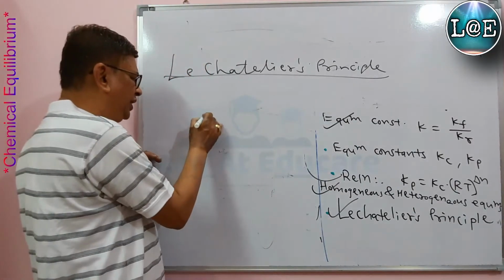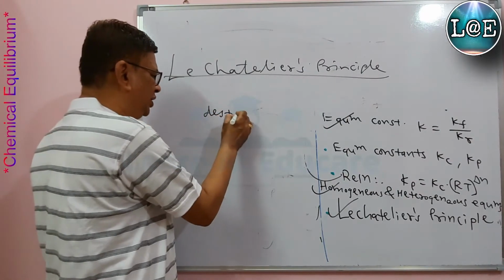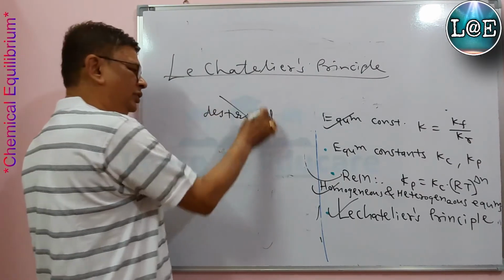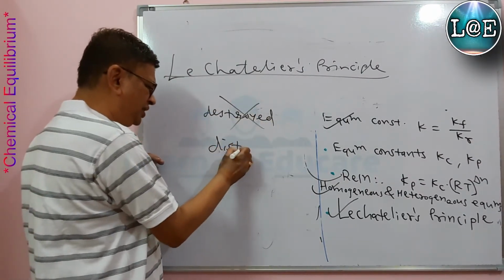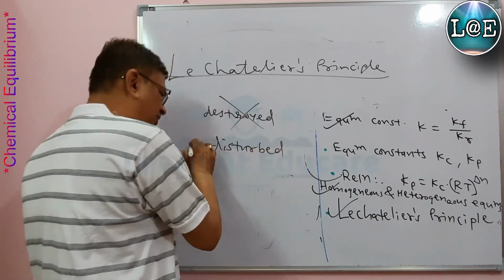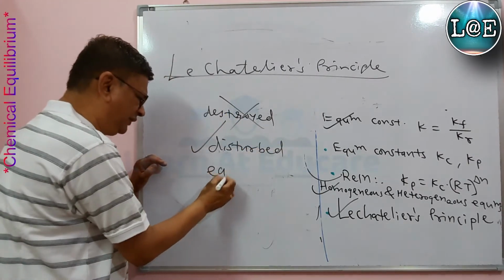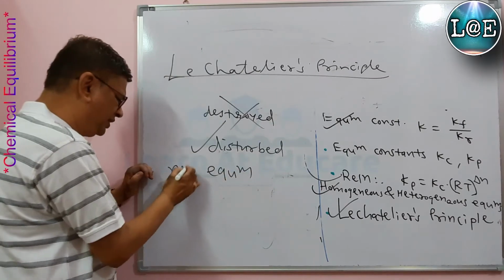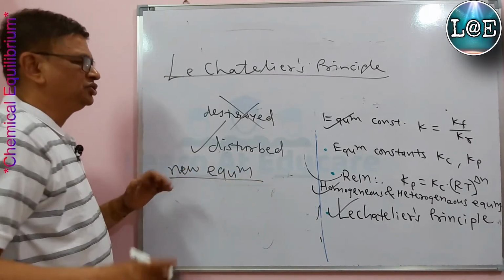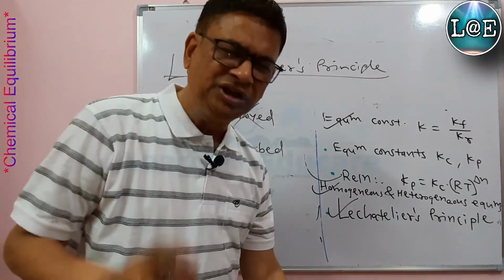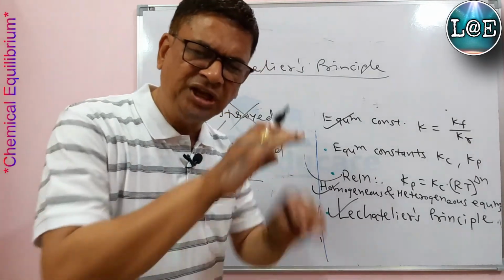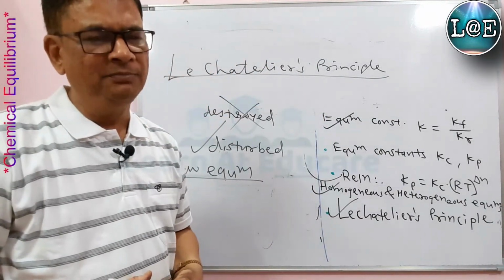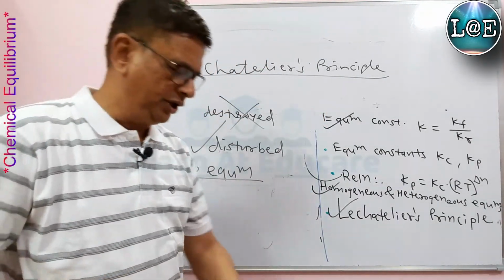Means equilibrium cannot be destroyed, but by that external thing it can be disturbed. However, that will give a new equilibrium after readjustment. So that is Le Chatelier's principle. The change made by an external agency is nullified by the equilibrium reaction or equilibrium process.